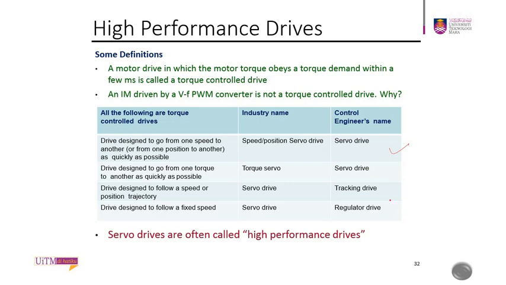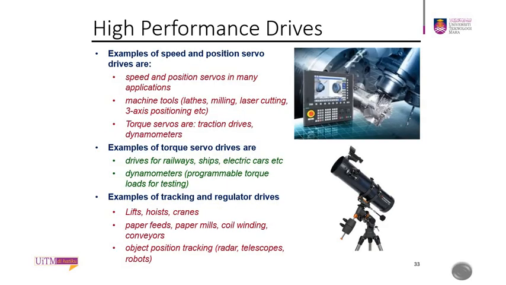So these servo drives are what we call high performance drives. Examples of these servo drives: you have machine tooling, lathe machines, all these modern lathe machines, speed and positioning servos, robotic arms, and traction drives.